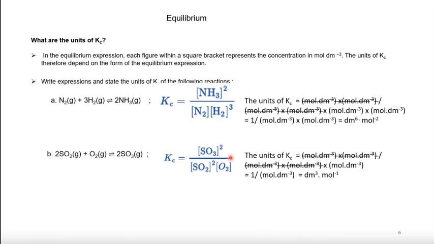For this other one, we find the unit is dm cube per mole. So it depends on the reaction. If we have the same number of moles in reactants and products, then we do not have any unit to express. It cancels out each other.